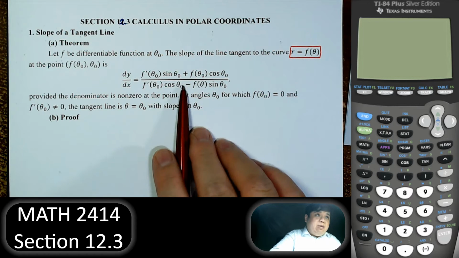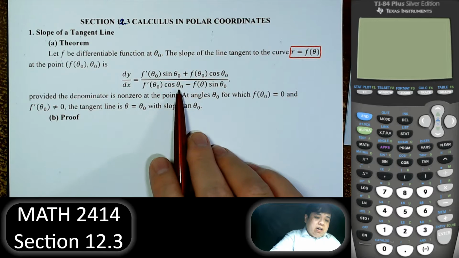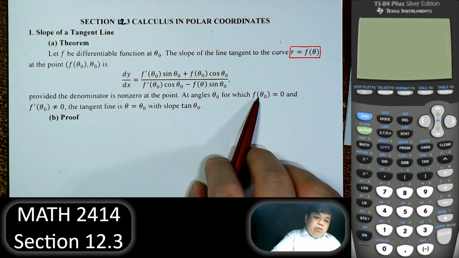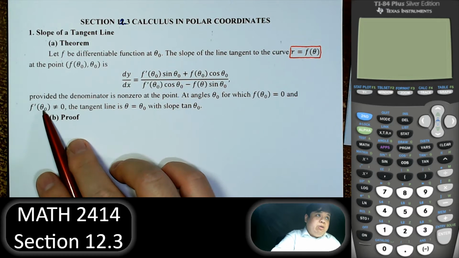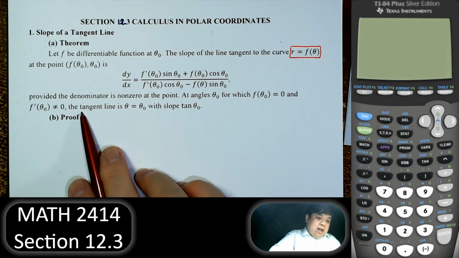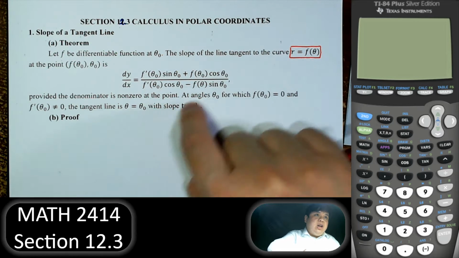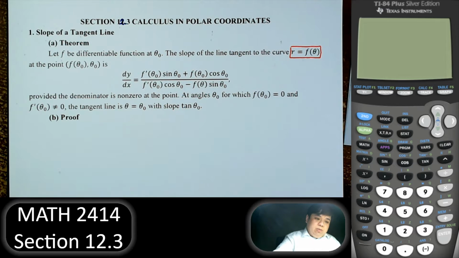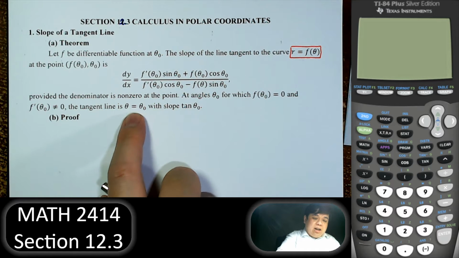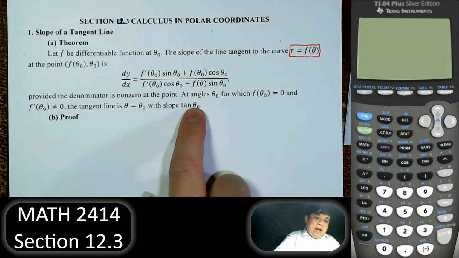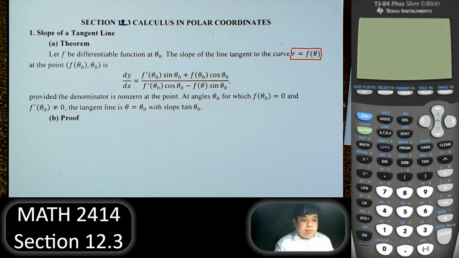Every time we have a quotient, the denominator cannot equal 0. And when the function equals 0 and the derivative is not equal to 0, then the tangent line is theta equal to theta naught, meaning the tangent line goes through the pole. That line, theta equal to theta naught, is the line that goes through the pole, and the slope is equal to that.